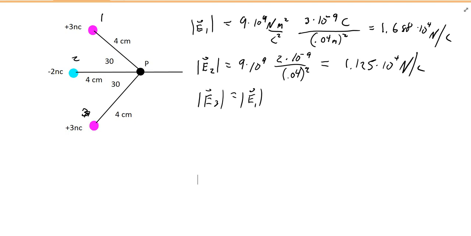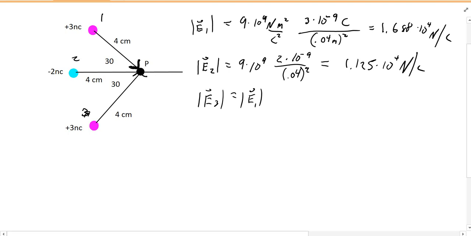Well, if I put a positive charge at point P, charge 1 is also positive, so it would repel the positive charge at point P. The electric field due to charge 1 at point P is pointing that way, right along that line that connects the two charges. And for charge 3, that's going to be like this.